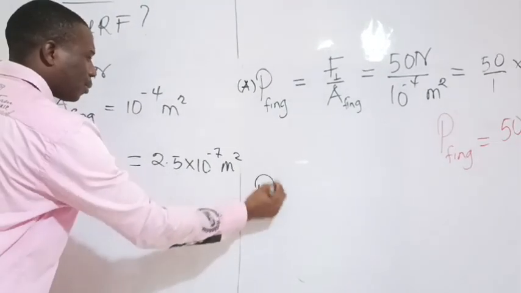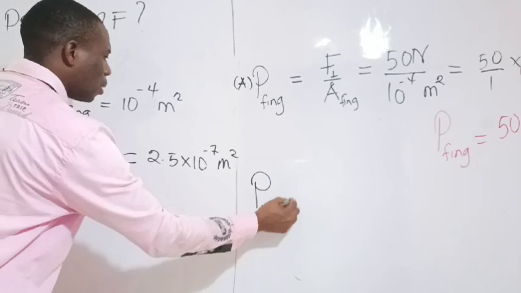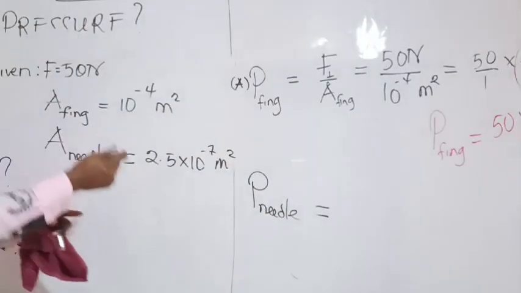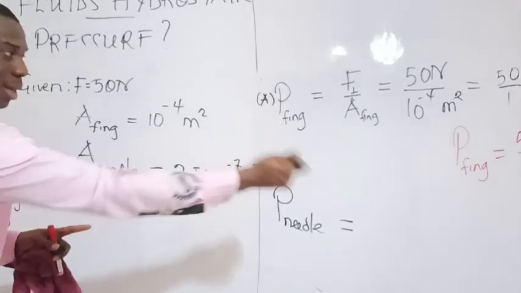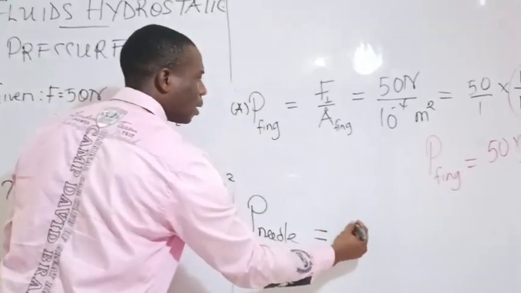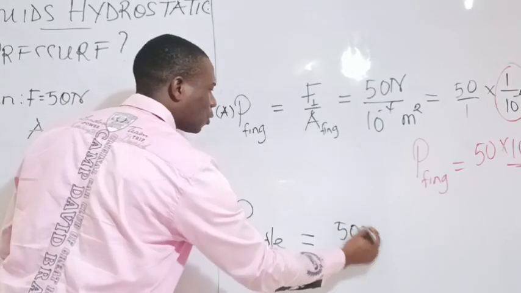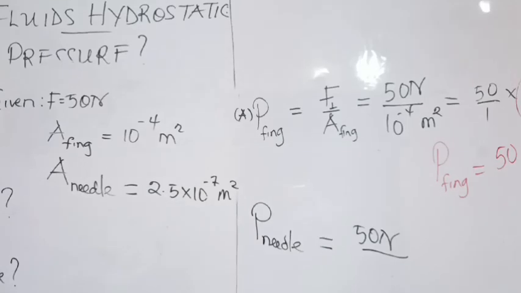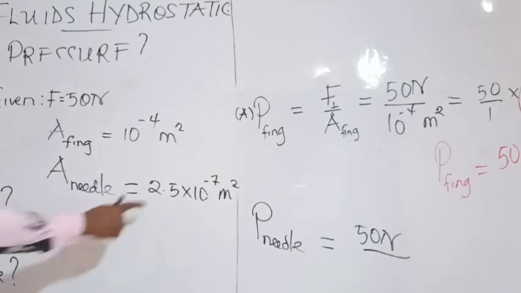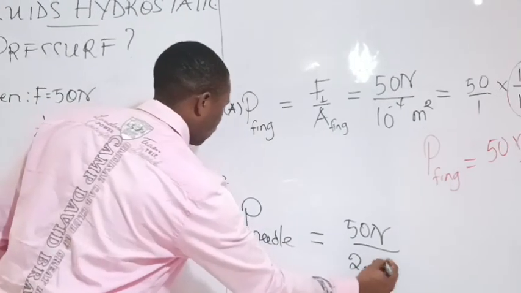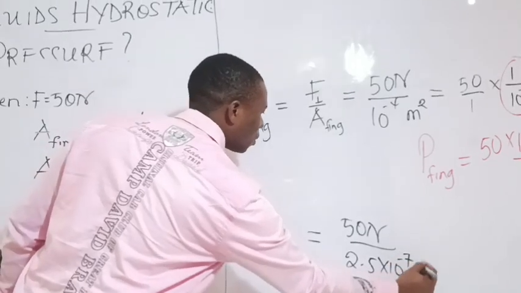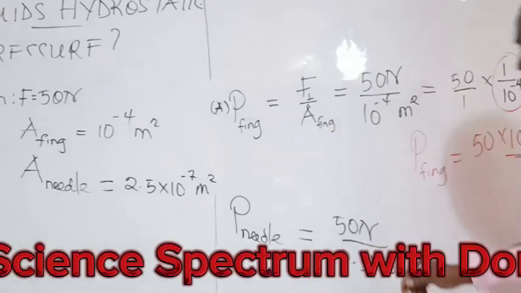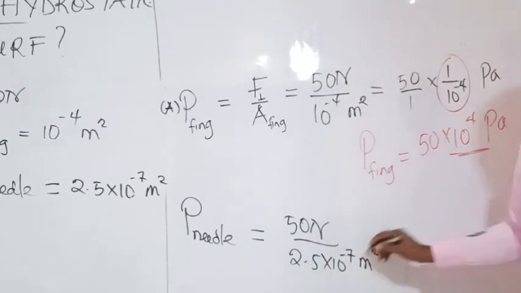So the pressure the needle exerts on the balloon is really the same force I exert with my hand. That's 15 Newton from this formula. But now the needle makes a smaller area compared to my finger on the balloon, which is 2.5 times 10 raised to the power minus 7 square meter. So I could make this a whole number.